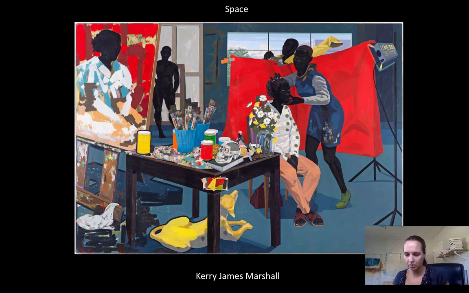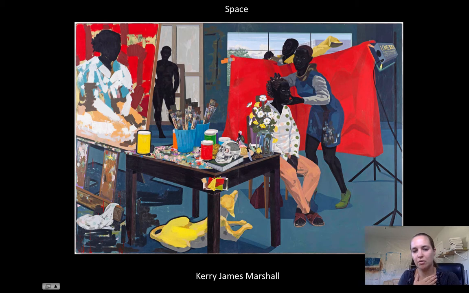So I picked this image because it's got a lot of complicated space, right? The space isn't deep, but it's also not shallow. Right away, the closest thing to us is this table right up against us, and then the farthest is out the window. So there is this deep space out the window, this middle ground space, and then this shallow space where we're right up against the object.